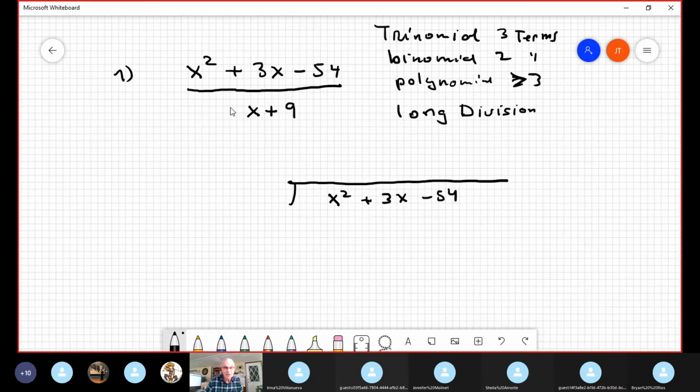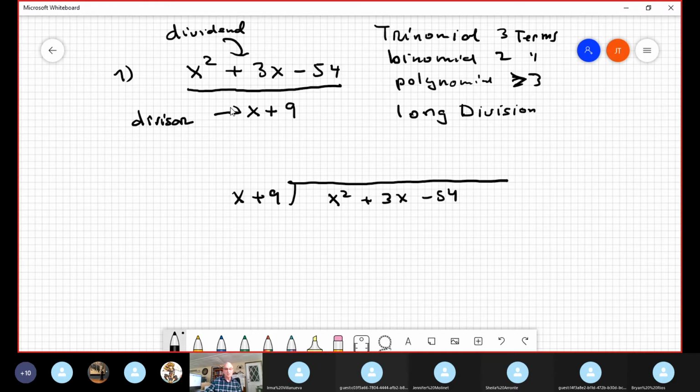And outside the box, you put the divisor. So the name of this one is the dividend. The name of this one is the divisor. And the divisor you put outside the box. And you start the division.